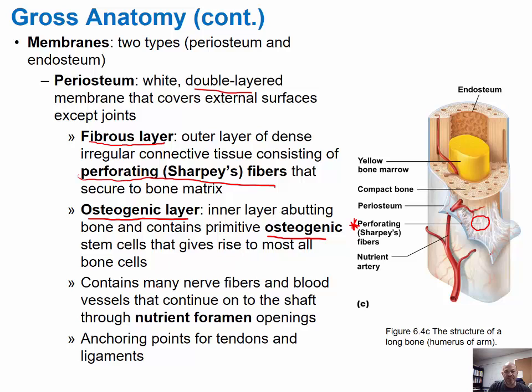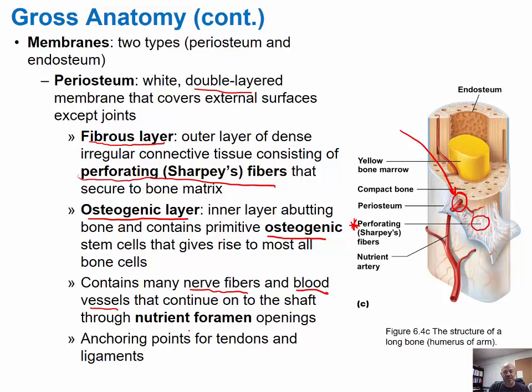The periosteum also contains nerve fibers and blood vessels, and those structures enter the bone itself through the nutrient foramen. The nutrient foramen isn't exactly labeled on this diagram, but I'm going to circle one over here on the right. You can see a blood vessel entering right there.